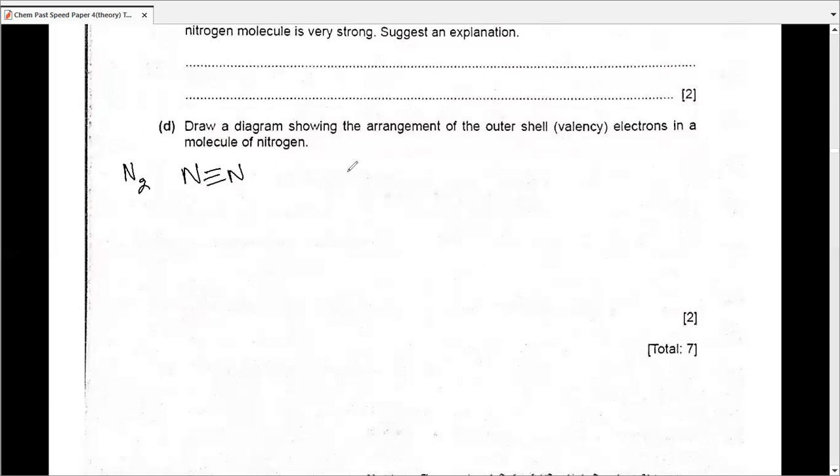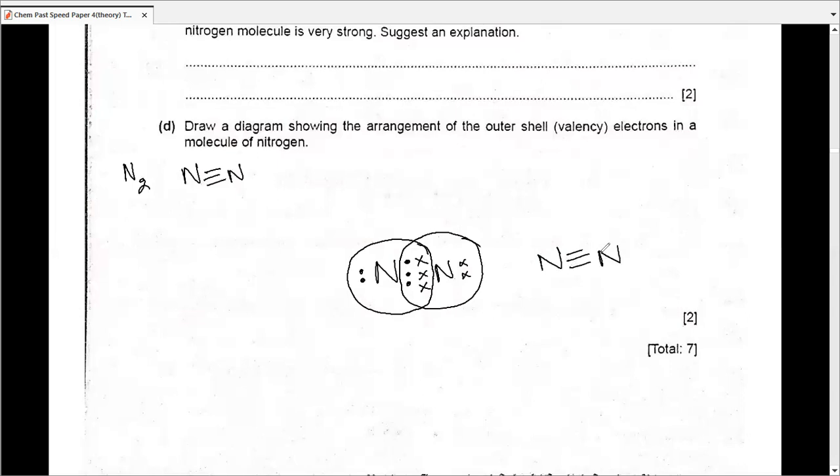Okay, in fact, I'm going to draw it over here. So one with dots and the other one with crosses. And there is a lone pair on each side of it. Like this and like this. This should be part of your diagram.